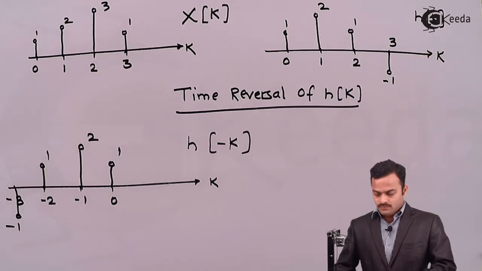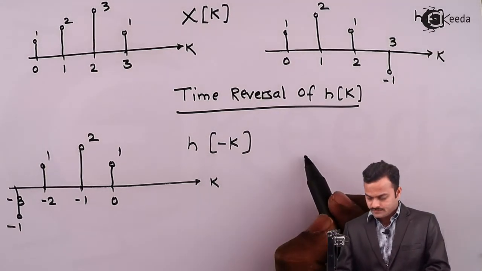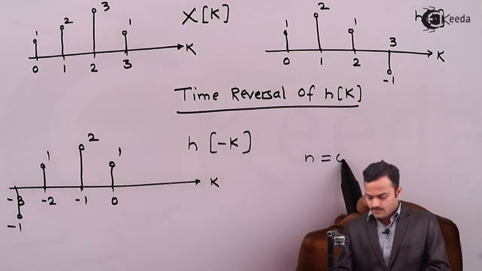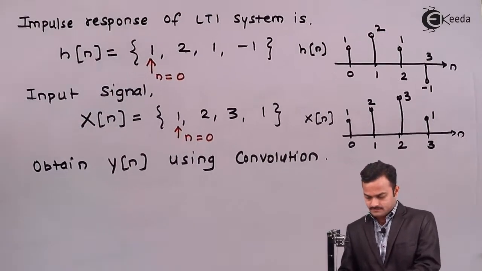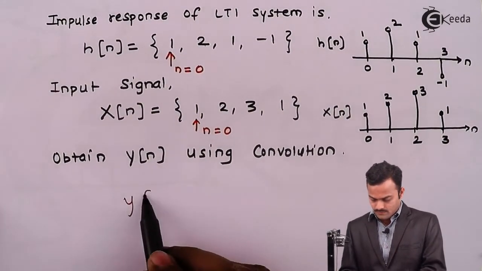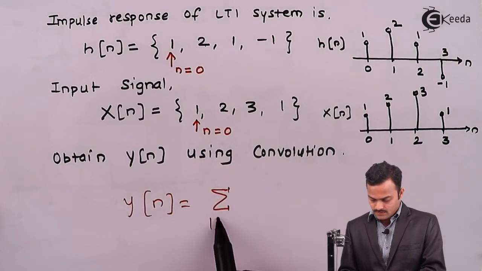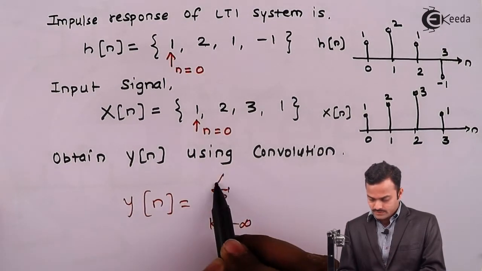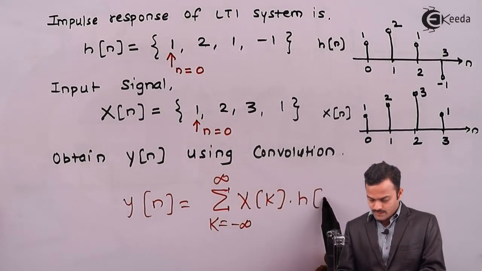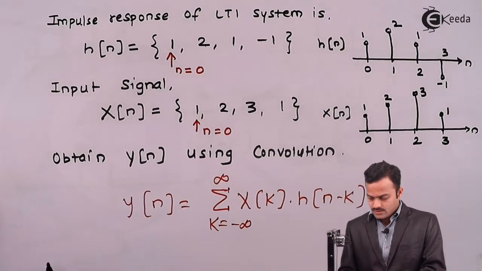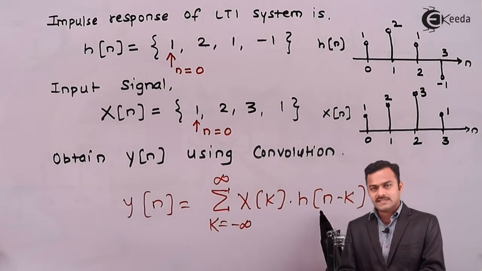So now we will consider that n is equal to 0 also, because in the convolution formula, which is y of n equals summation k from -infinity to infinity x of k into h of n minus k. In this formula, if I put n equal to 0, it will be h of minus k only.